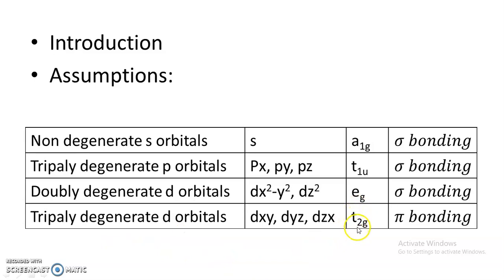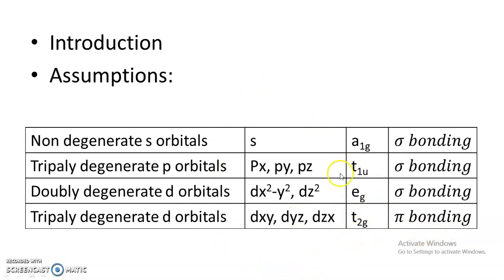Symmetry symbol is T2g. These 3 orbitals are not involved in the formation of sigma bond, but as these are oriented in between axes, there is a lateral overlapping and they are responsible for pi bonding.